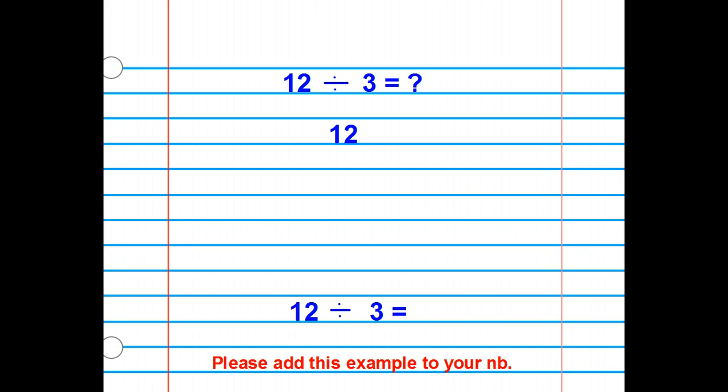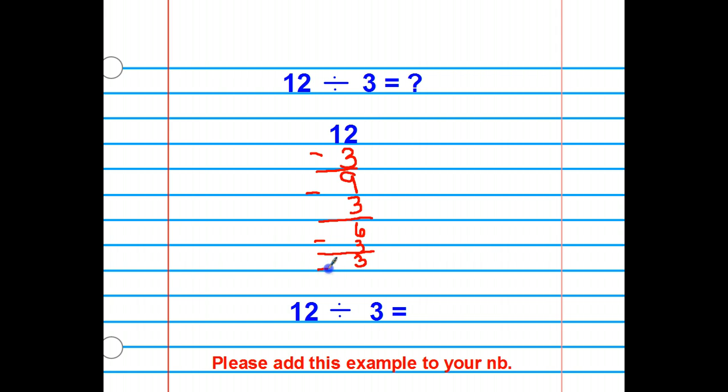Let's look at it again. Let's look at 12 divided by 3, or how many times can I subtract 3 from 12? Well, let's try. 12 minus 3 gives me 9. 9 minus 3 gives me 6. 6 minus 3 gives me 3.